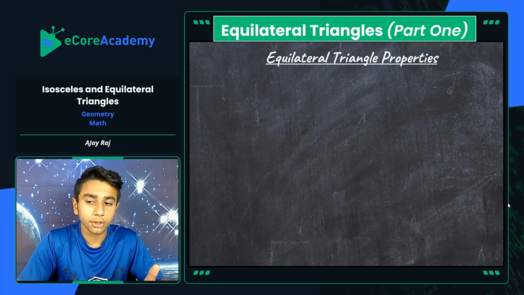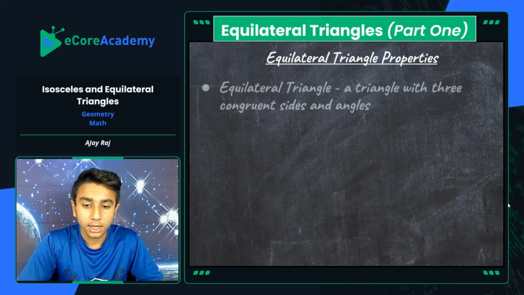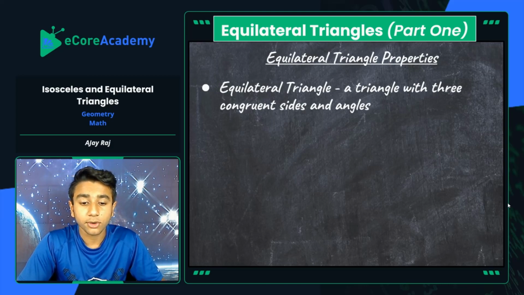Equilateral triangle properties. Equilateral triangles are probably the most proper of triangles, very simple to work with, and they have very simple properties. The equilateral triangle is a triangle with three congruent sides and three congruent angles as well. That's already given.